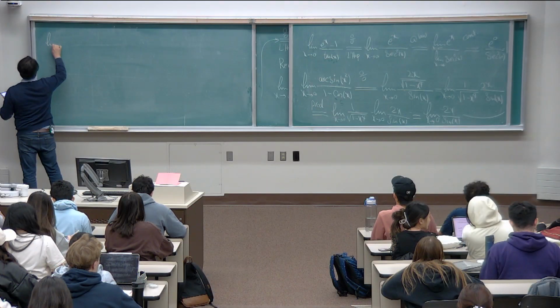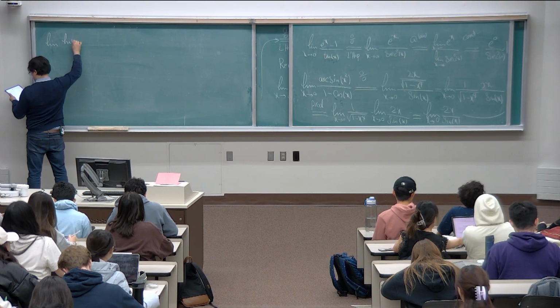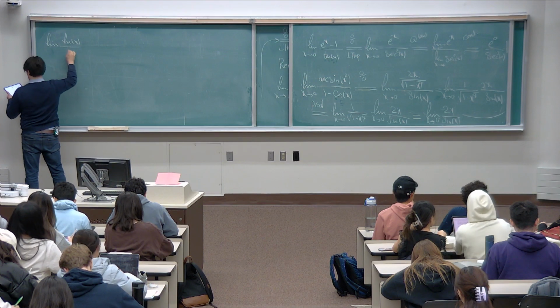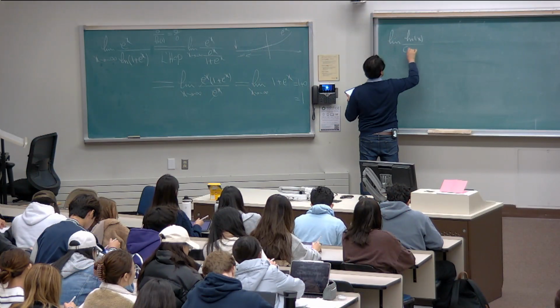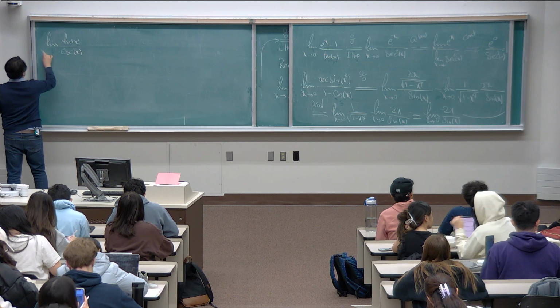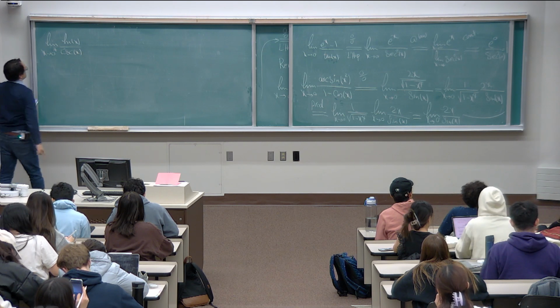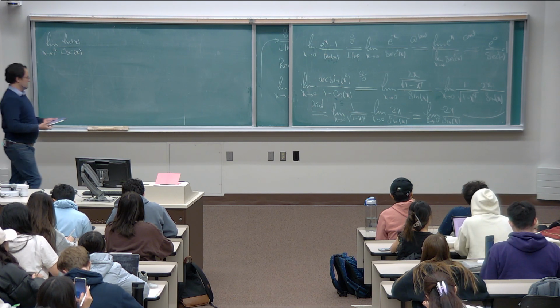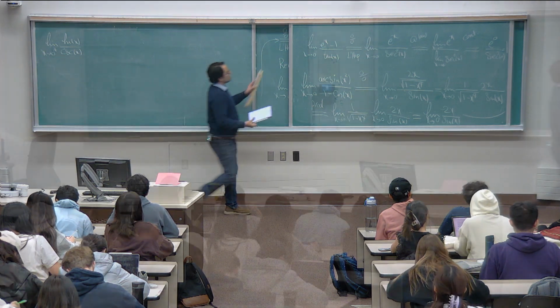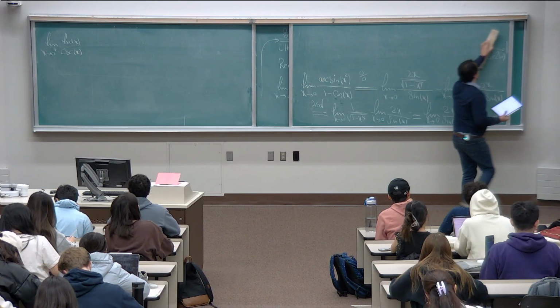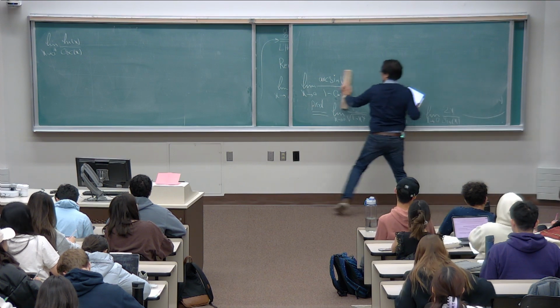The limit of ln x over cosecant x as x goes to 0 plus. Ln is only defined on 0 plus. And also, it will work on limits at infinity as well.